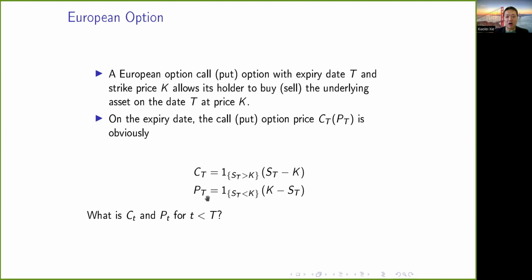Similarly, the put option price is equal to the difference between the strike price and the asset price if the strike price is higher than the asset price. If these conditions are not satisfied, then the options have price zero. Then the question is to figure out the price of these options when the time is before the expiry date.